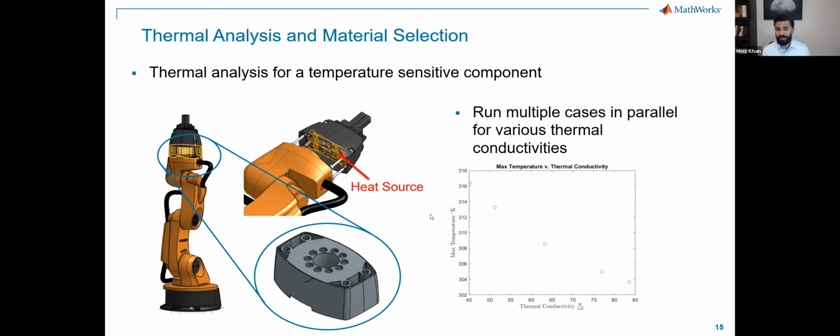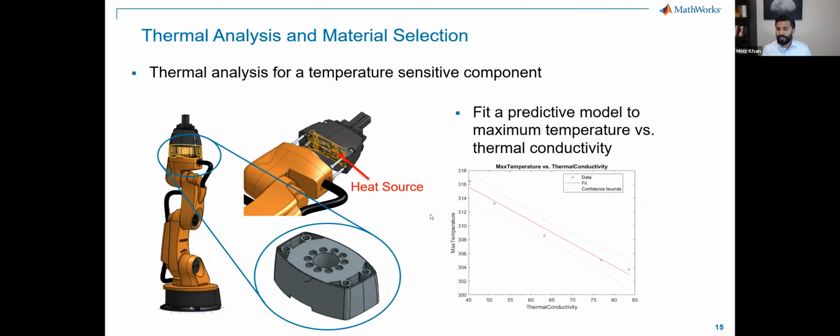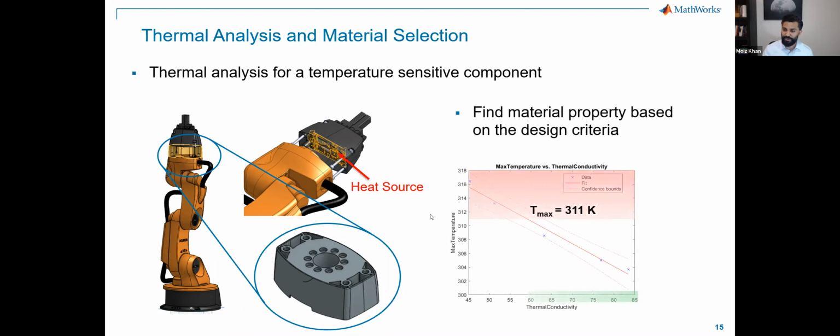You can use parallel computing to get several data points throughout your tests. And then you can use fitting to actually graph and understand what are your actual temperature thresholds. And for this example, we see that in this type of scenario, you may have 311 degrees Kelvin, and now you can determine if that design needs to be reworked before you actually build it, or it is good to go.